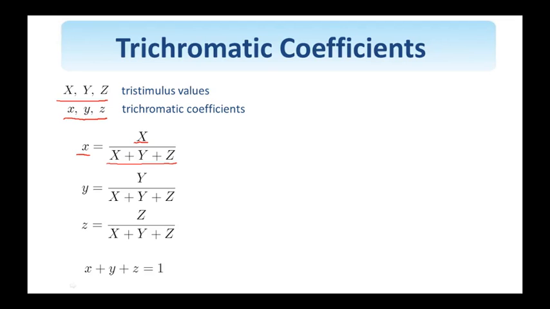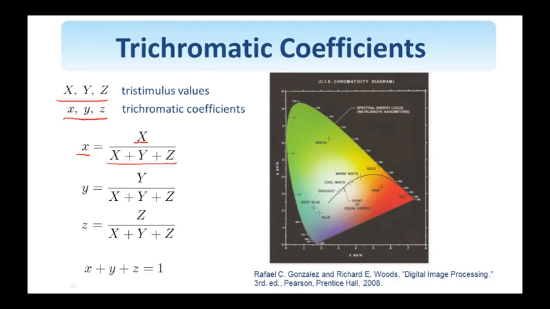Another approach is to use the CIE chromaticity diagram, shown here, which shows the color composition as a function of x on the horizontal axis, which represents red, and y on the vertical axis, which represents green. Clearly, the value of z, which represents blue, can be found from this relationship, a result from the relationship down here.